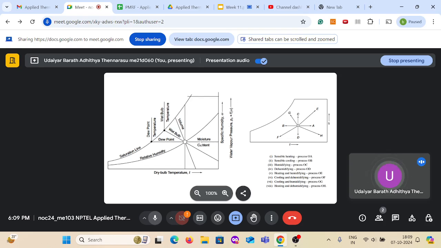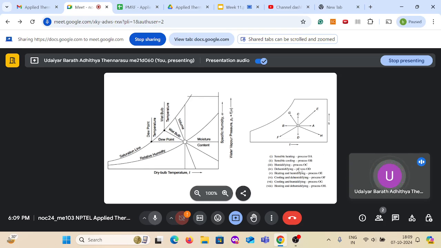So your specific humidity remains the same, but your temperature is rising. This denotes sensible heating. Similarly, if your temperature is dropping and specific humidity is the same, it's called sensible cooling. Once this hits the dew point, that's your dew point temperature, condensation will start happening, and then it will follow the saturation line.